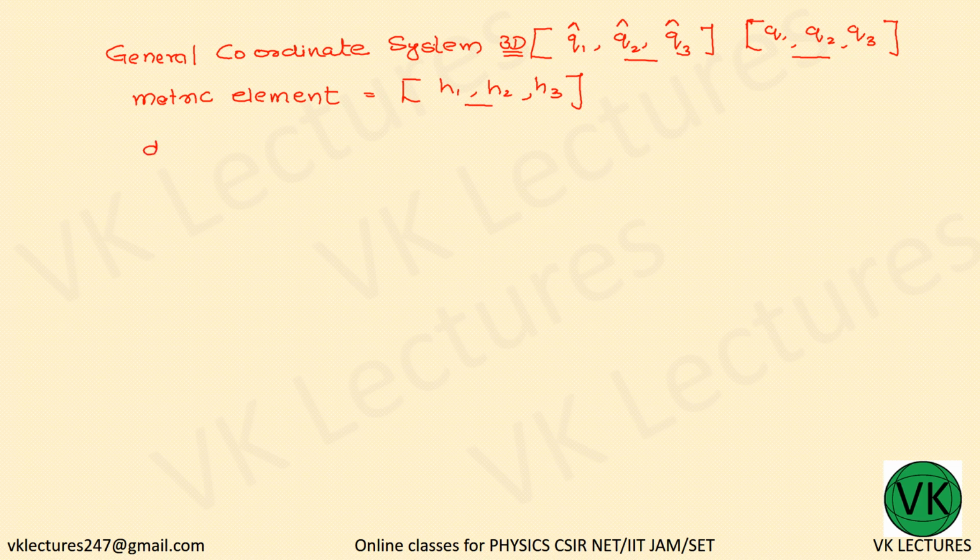So any vector dr can be written as h1 dq1 into q1 cap, plus h2 dq2 into q2 cap, plus h3, the third metric element, dq3 into q3 cap. So that's it.